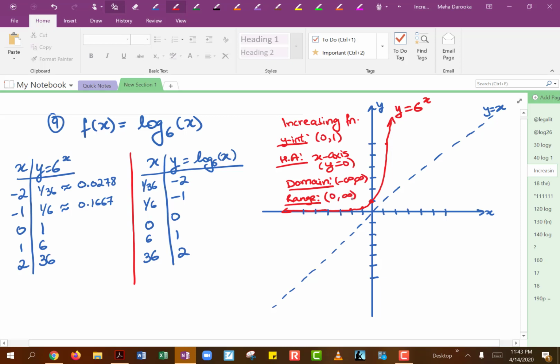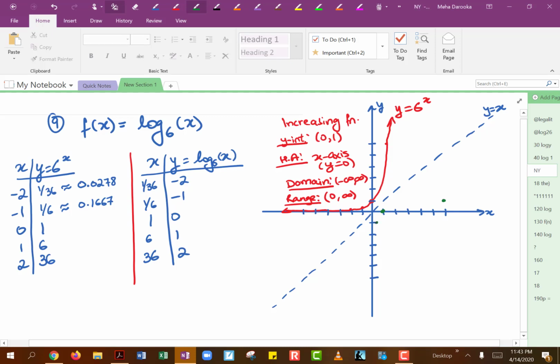Now when we draw its reflection, we'll use the second table over here. So, oh, I just realized my error over here. This should be the number 1. Okay, so I should have 1, 0, 6, 1, and then let's see, these guys here would be getting closer to -1, -2.